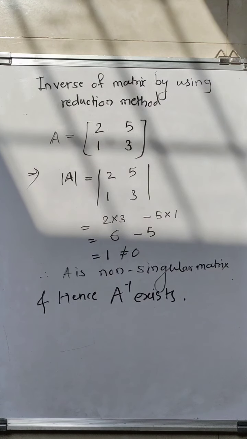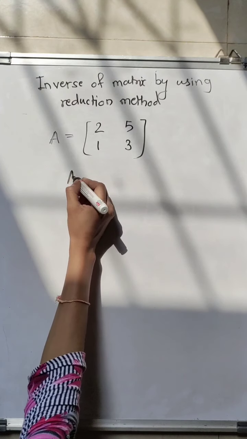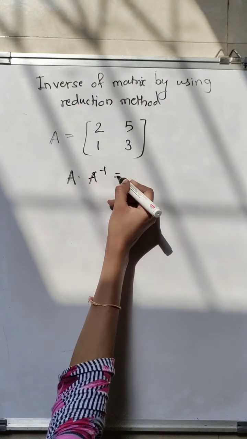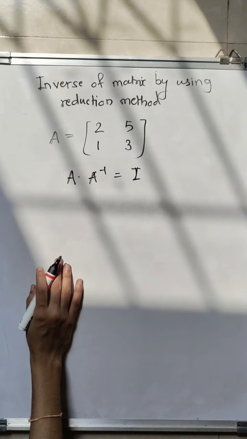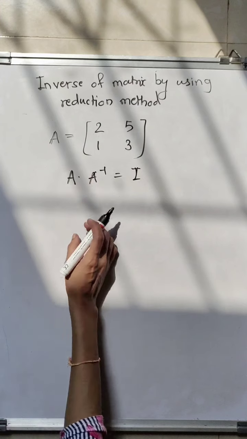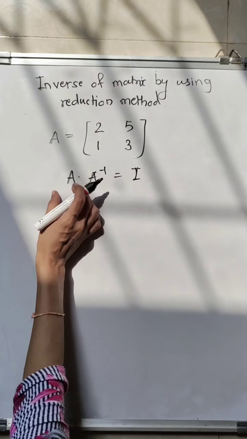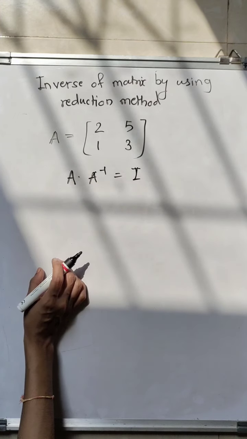Now we have to find A inverse. We know that A into A inverse is the identity matrix. Now we are going to apply row transformations on A and I, so that A transforms into the identity matrix.